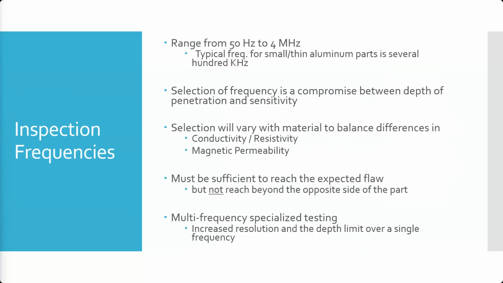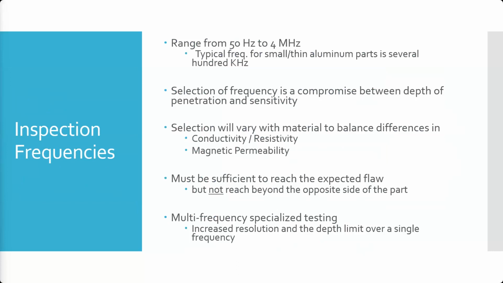So you go to those higher frequencies to find those smaller flaws before they get to a critical size that can cause a failure, a catastrophic failure. So when you're selecting that frequency, it's a compromise between depth of penetration and sensitivity. Again, high frequency, high sensitivity, low depth of penetration; low frequency, relatively lower sensitivity, but higher depth of penetration.